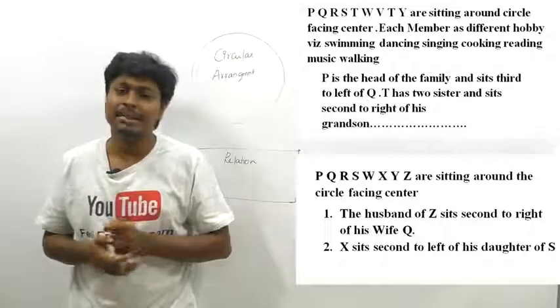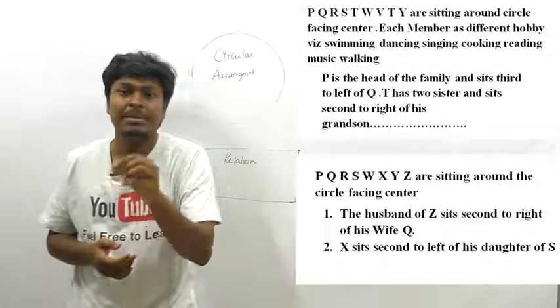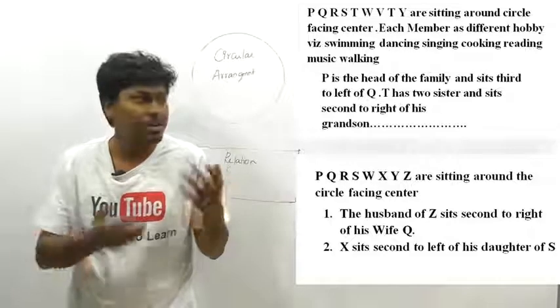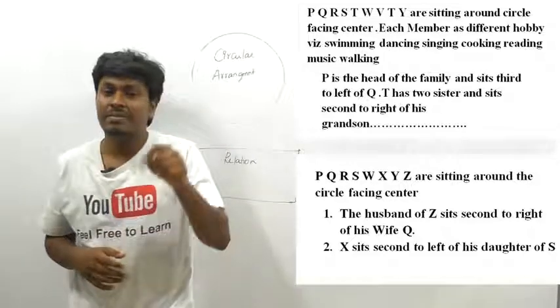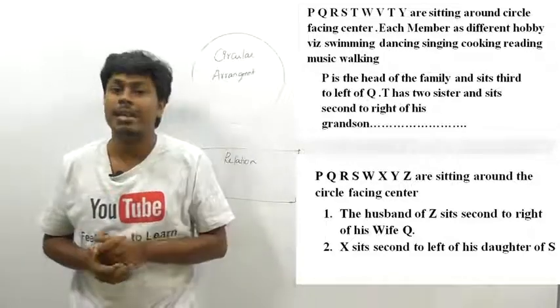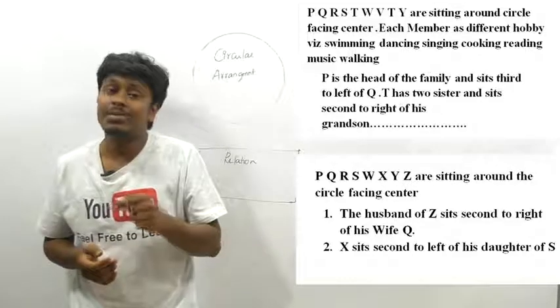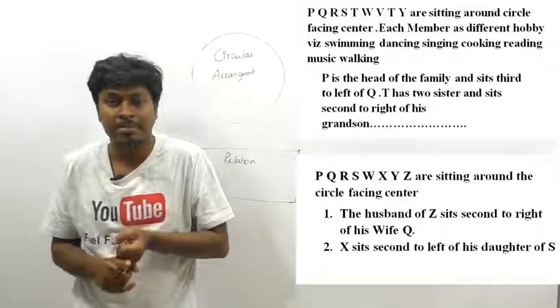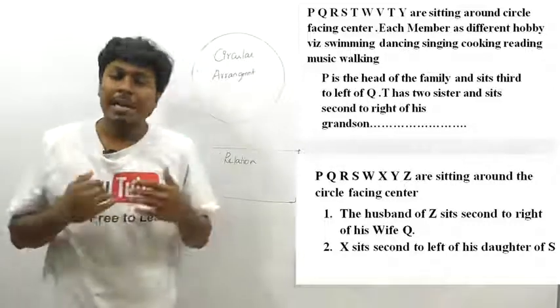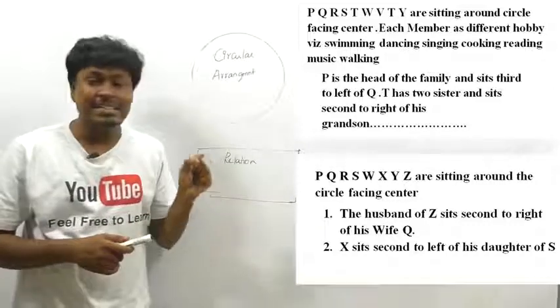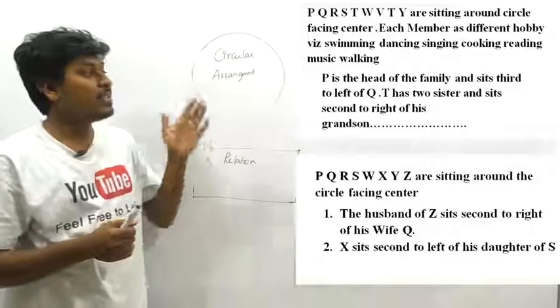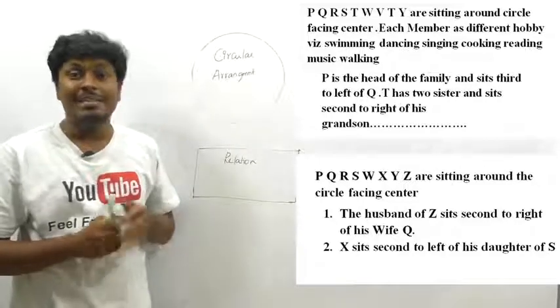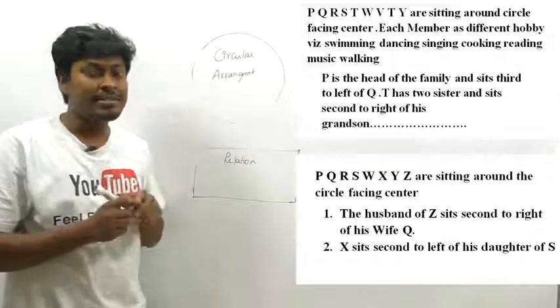And see similarly the second question: there are 8 members sitting in a circle facing the center and the question gets started. Friends, if you find a question like this in your exams, our target is to find the circular arrangement and also the relationship of the persons. So according to my methodology, if you find these types of question in your exam, that is, without any clue word, just listen carefully friends.